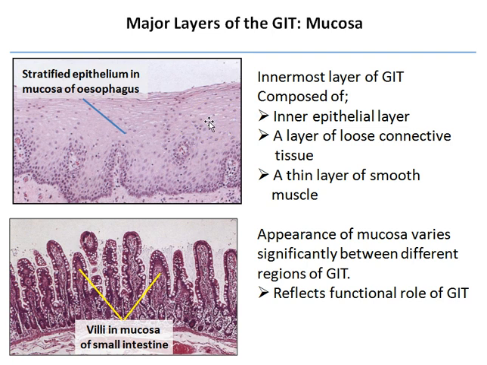Beneath that is some loose connective tissue and a little bit of smooth muscle that sometimes helps with the local folding. So a key fact to remember is wherever you are in the gastrointestinal tract, your mucosa will contain these basic elements. Nevertheless, if we look closely at these photographs, we can see some substantial differences in how the mucosa of the esophagus differs to that of the small intestine.